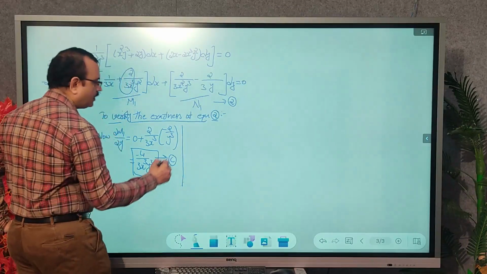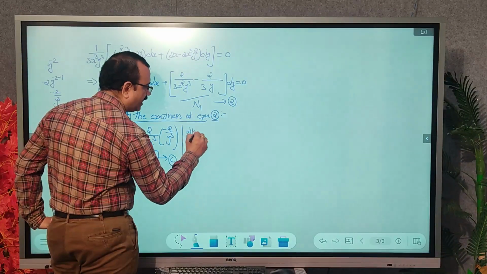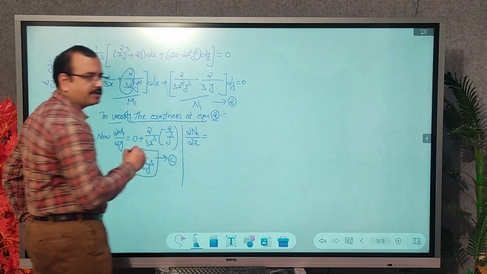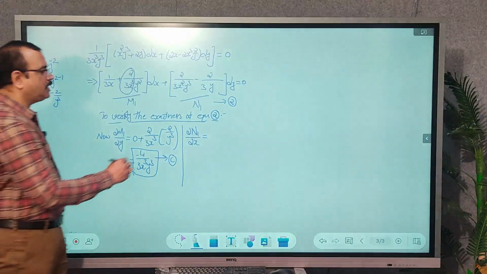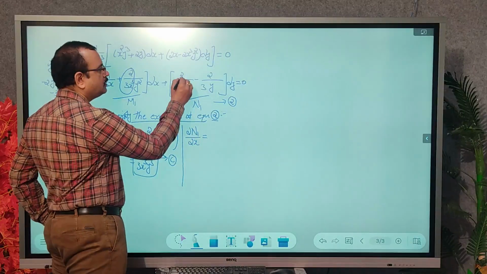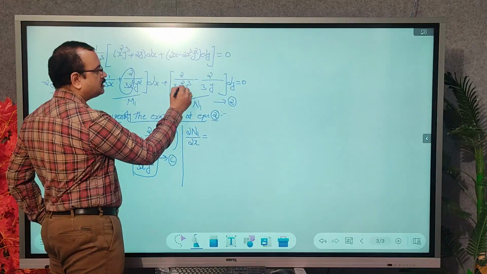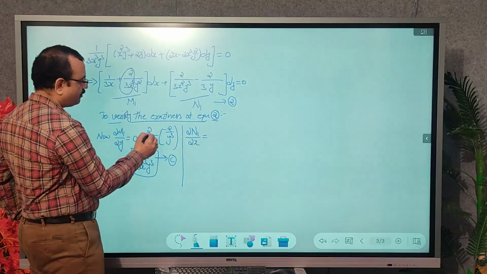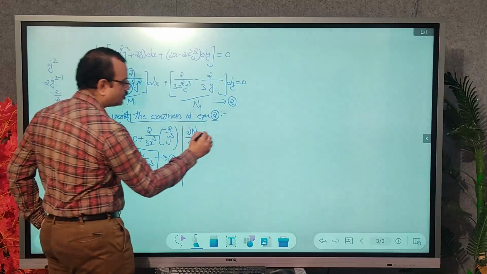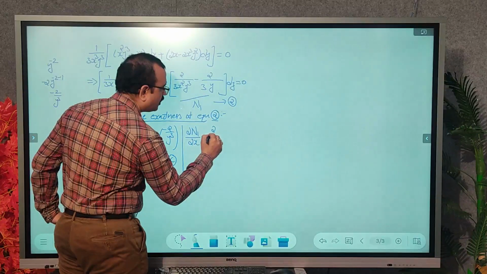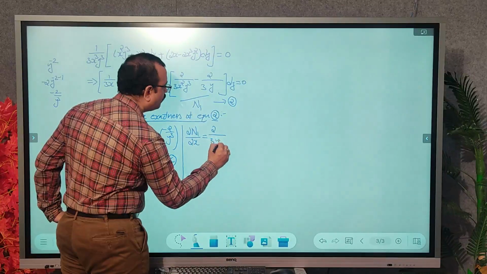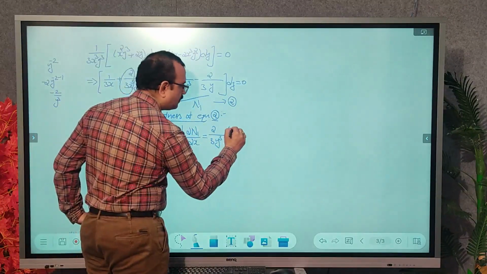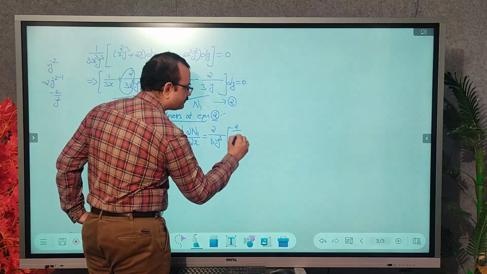Okay, similarly now we will calculate the partial derivative of N1 with respect to x, dou N1 by dou x. Here we have to take y as a constant. So 2 by 3 y cube is constant, and the derivative of 1 by x square, just like we did for 1 by y square, is minus 2 by x cube.